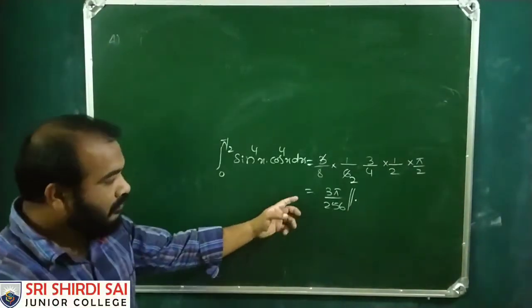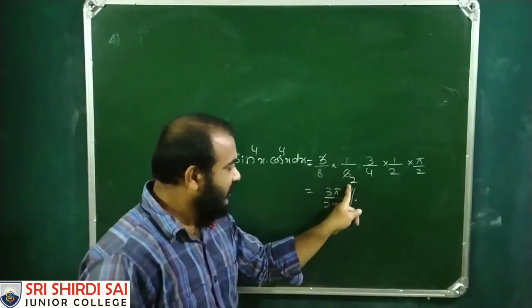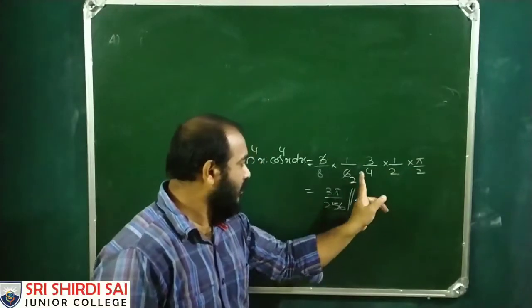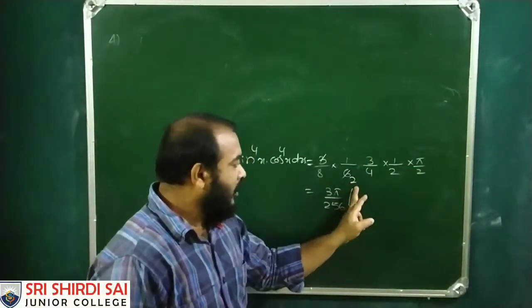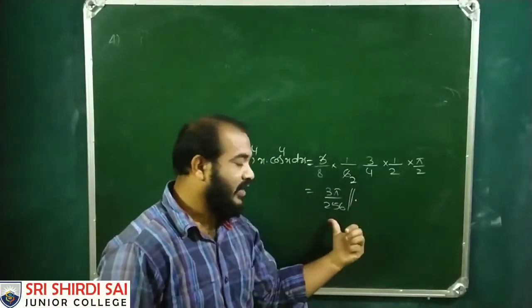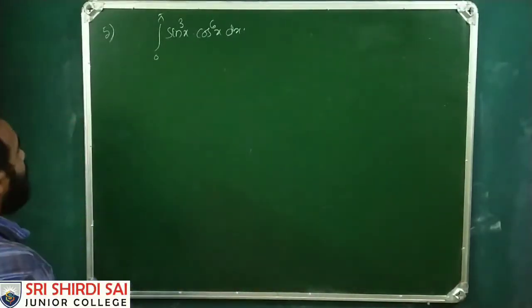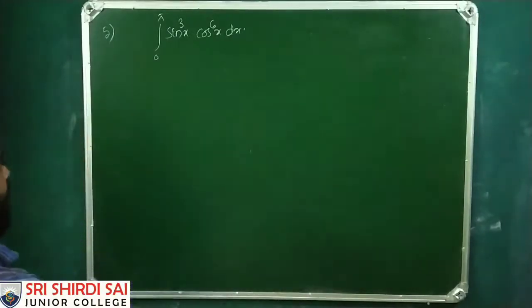So if you solve this, 3 2s are 6. And here 3 into pi, 3 pi. 8 2s are 16, 16 4s are 64, 2s are 128, 2s are 256. So the next question, integral 0 to pi sin cube x into cos power 6x dx.